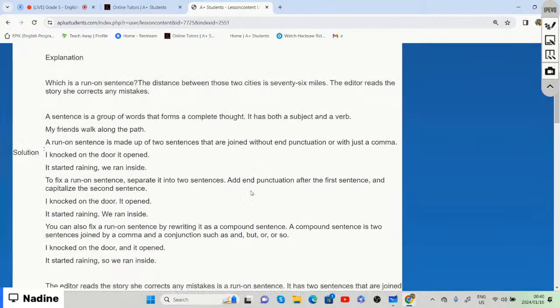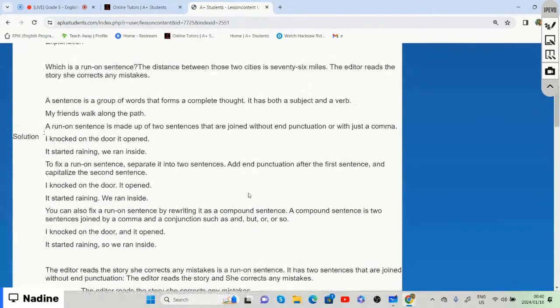When it comes to run-on sentences, a run-on sentence is made up of two sentences that are joined either by an end punctuation or just a comma. In order to fix a run-on sentence, we need to separate it into two sentences, add the end punctuation after the first sentence, and then capitalize the second sentence, which means at the start of the sentence we capitalize, and at the end we add our end point.